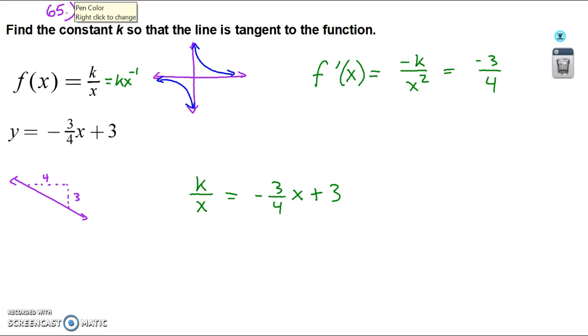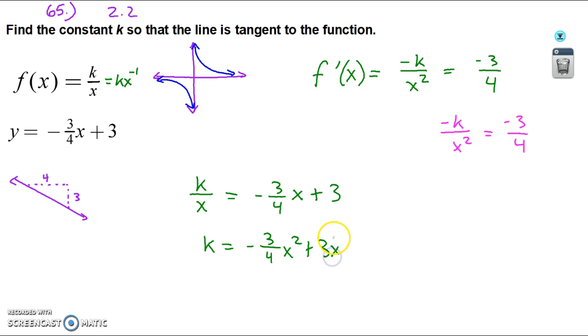Once I find out what k is in this equation, I can plug it into this other relationship up here: negative k over x squared is equal to negative 3/4. I will take whatever I find for k over here and plug it into that equation. So let's keep solving this for k. I'm going to multiply both sides by x, and we're basically done. So I have negative 3/4 x to the second power plus 3x.